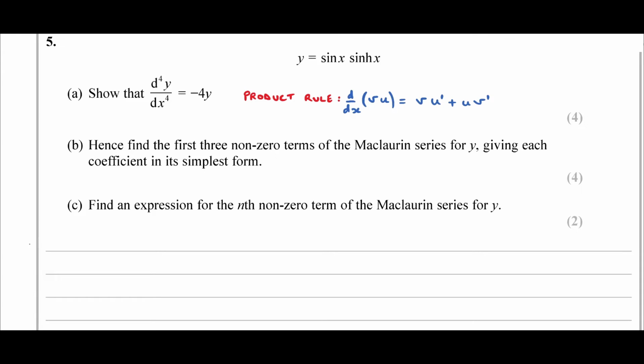Having said that, for part A, we know that y is equal to sin x multiplied by sin x.